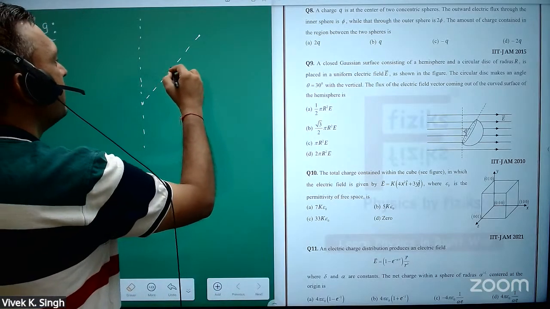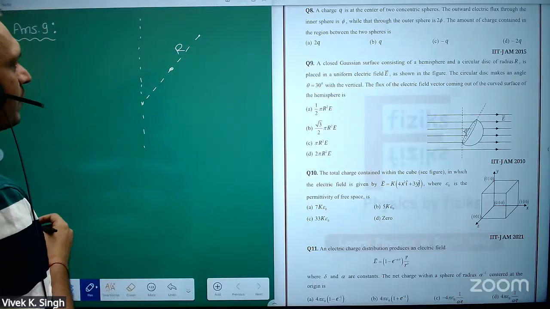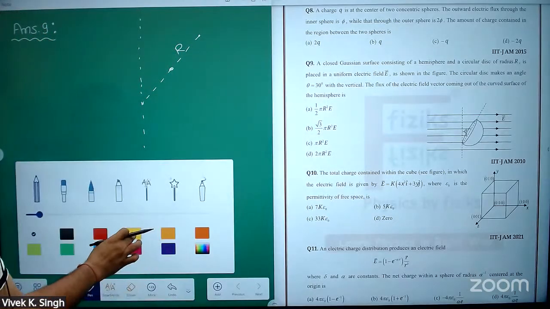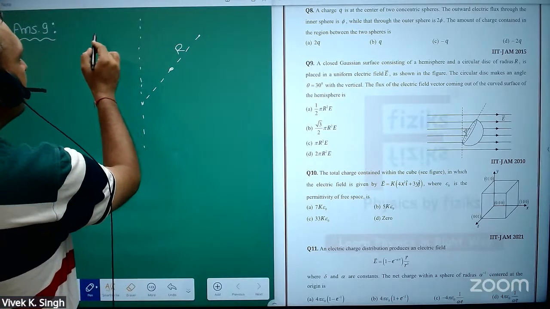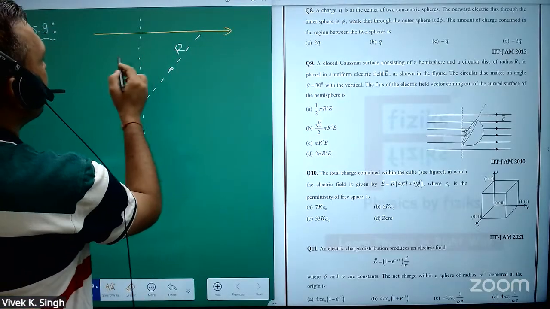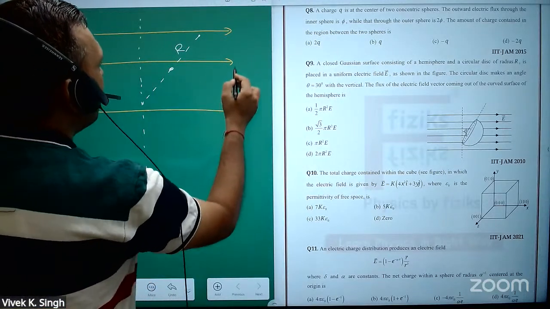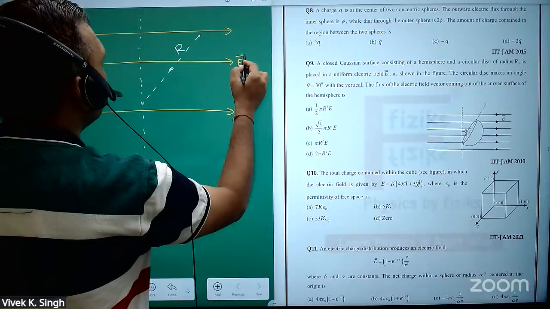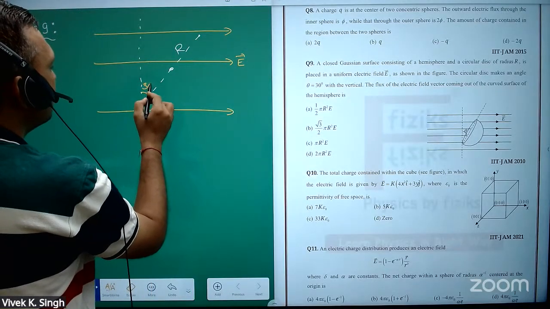So this is the center of the disk, and this radius is r. And the field is given like this. This is the electric field in this region. The electric field is uniform, and this angle is given as 30 degrees.